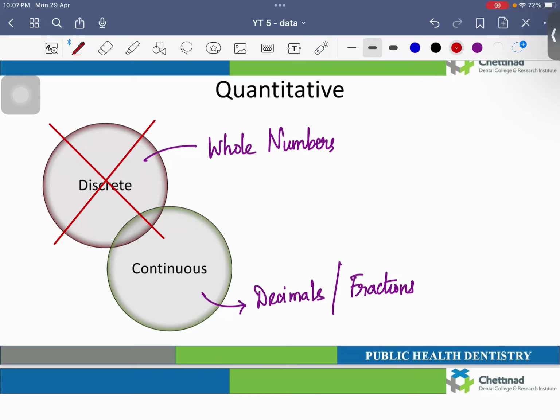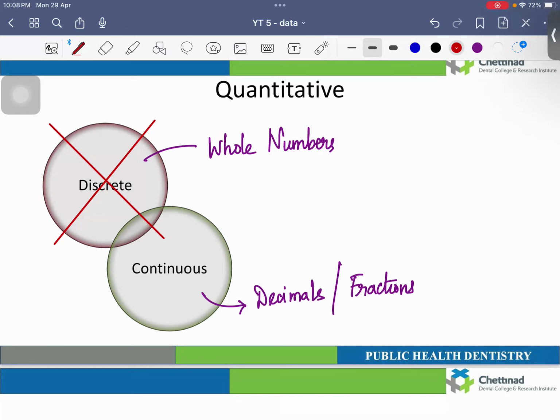So if you take the mean, what will you do? Add all the values and divide by the number of persons. So usually a mean value will come in decimals or a fraction, or an improper or mixed fraction. So this kind of discrete data is usually not used or summarized in medical science.